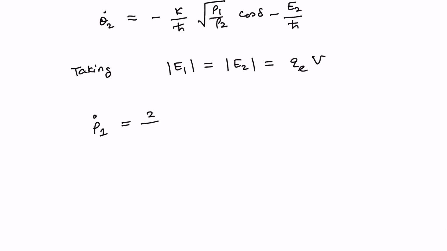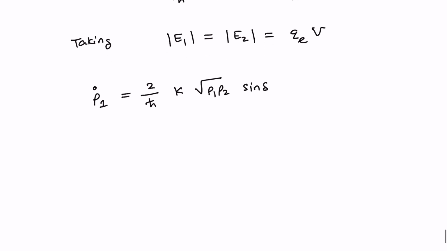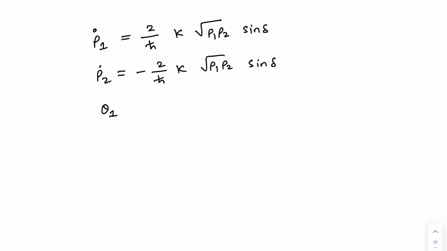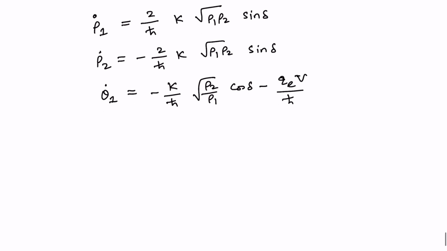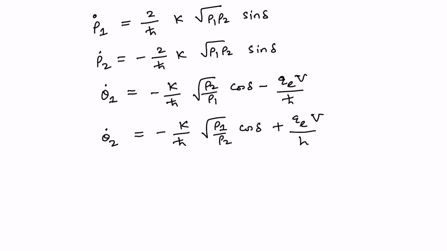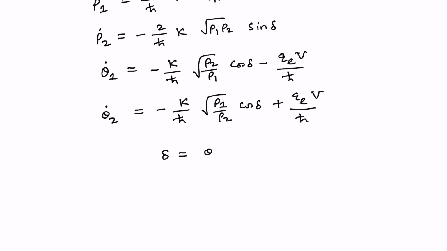Rho 1 dot is equal to 2 by h bar k square root of rho 1 rho 2 sine delta, and rho 2 dot is equal to minus 2 by h bar k square root of rho 1 rho 2 sine delta, and theta 1 dot is equal to minus k by h bar square root of rho 2 by rho 1 cos delta minus qE times voltage divided by h bar, and theta 2 dot is equal to minus k by h bar square root of rho 1 by rho 2 cos delta plus qE times voltage divided by h bar, and here delta is equal to theta 2 minus theta 1.